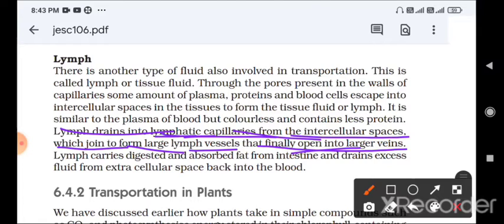Next question: what is the function of lymph?